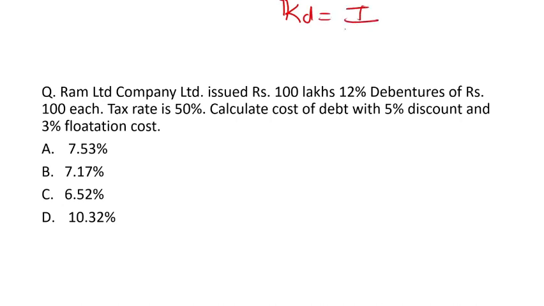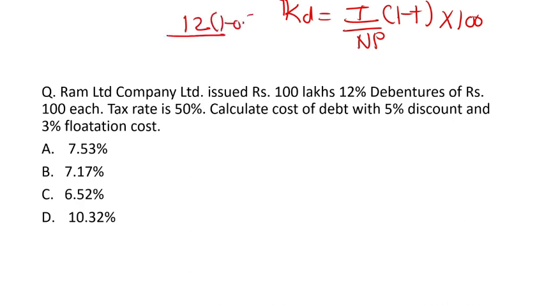Let me write it here. This is the formula. Now start putting in the values that are available. So 12 is available, then 1 minus 0.5 is available, and into 100 is available. We are yet to compute the NP.